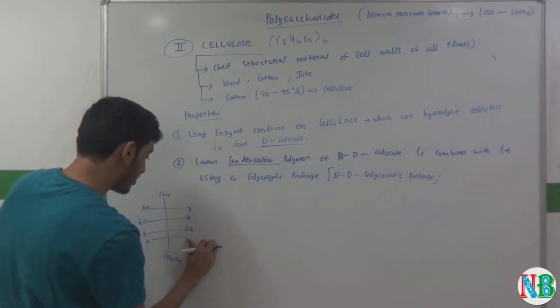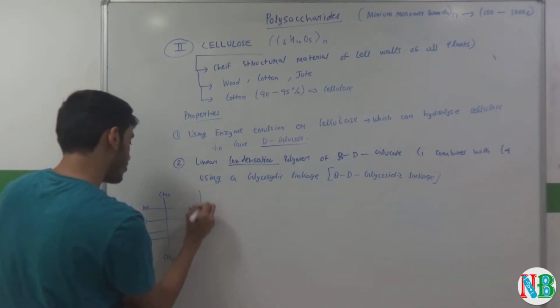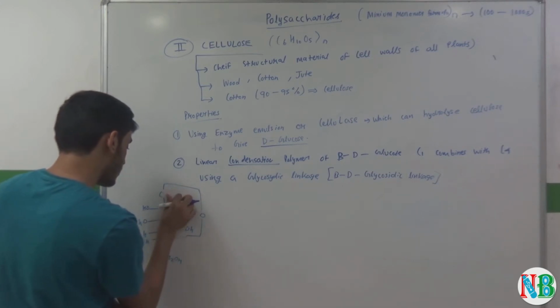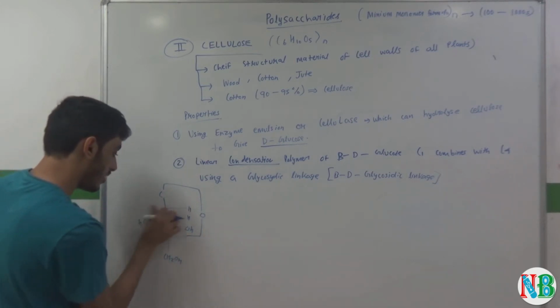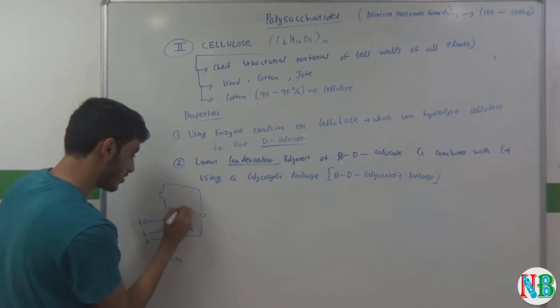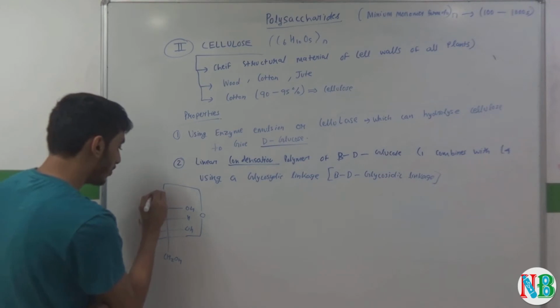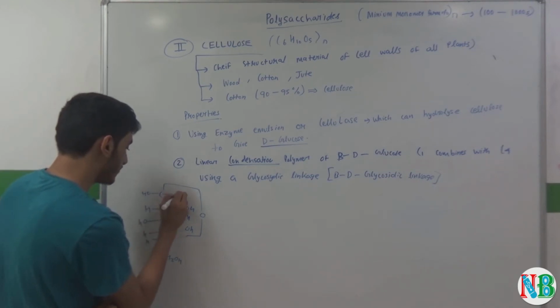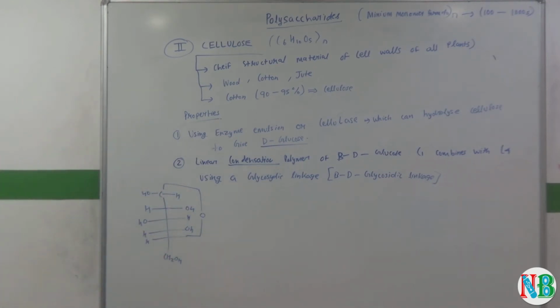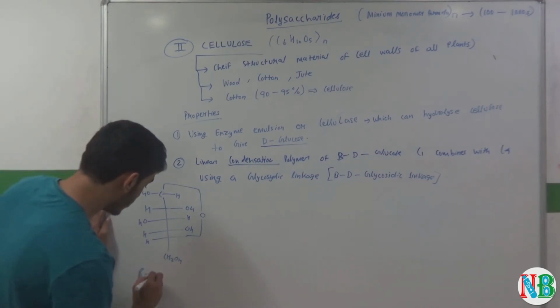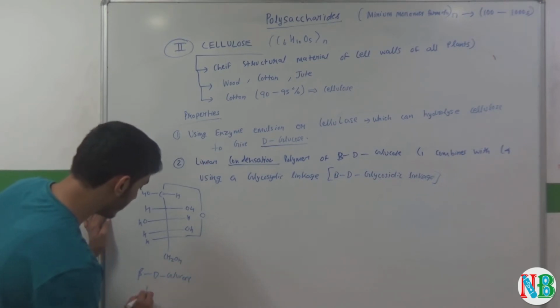Okay, this is wrong. OH over here, H over here, and on the top you have OH and H. So this is the formula of beta D glucose. This is the Fischer formula.